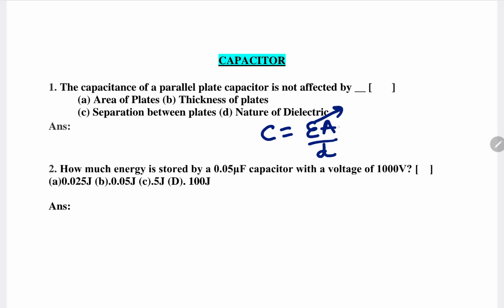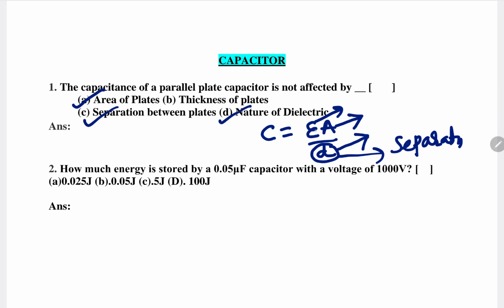So it depends upon the dielectric material, the cross-sectional area of the plates, and the distance between the two plates, also called the separation between the plates. It also depends upon the nature of the dielectric material. So it does not depend upon the thickness of the material.